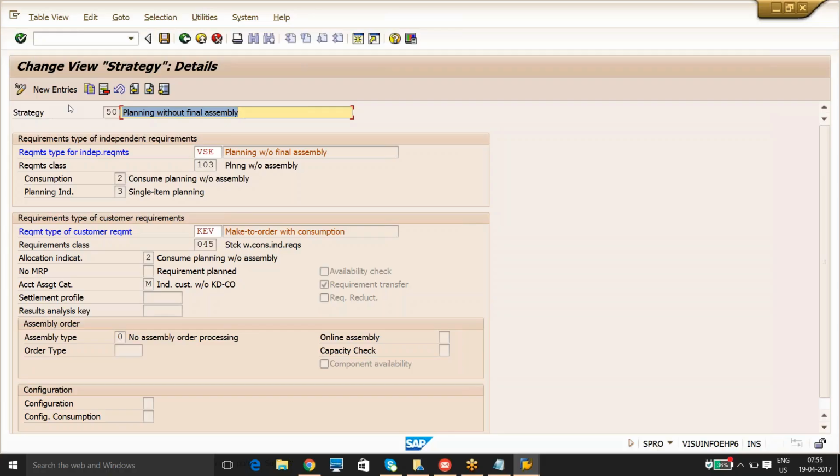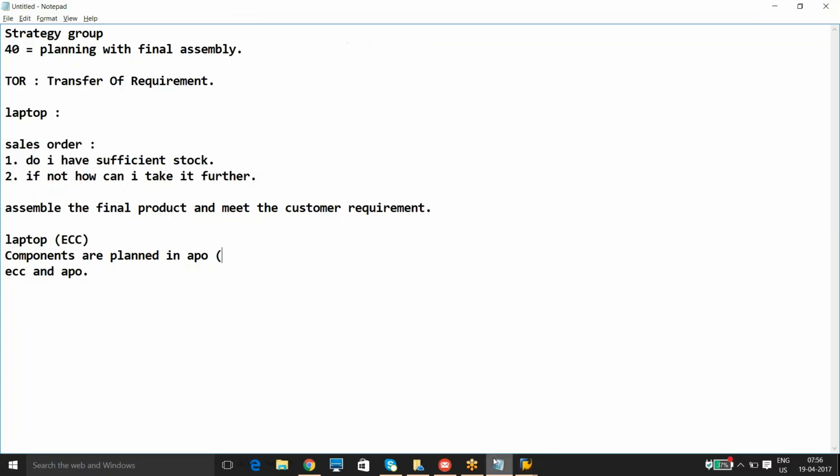Can you elaborate? When you say 40, I was saying the final components are planned and the semi-finished components are planned in APO. I was taking that example, right? Hope you remember, the laptop one. So when I'm going for this requirement class, as I said, we have only two questions to answer, Jalaj.